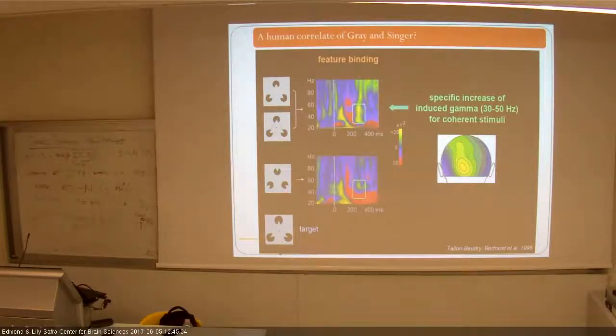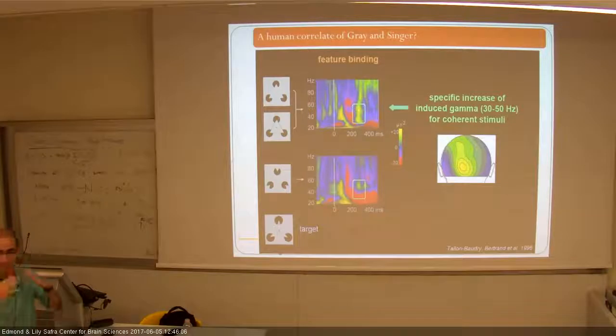If you look at this window over here, you see that when you see a triangle, either because it's really there or because there is an illusory contour, you get a big activation in the gamma band region, from 30 hertz and up, around 300 milliseconds. But if you rotate the Pac-Man, this activity is much smaller. So this is a type of response that you might connect to things like binding.